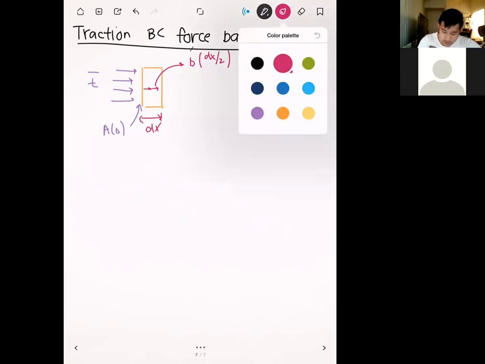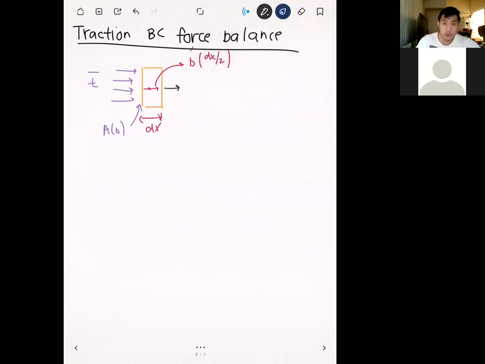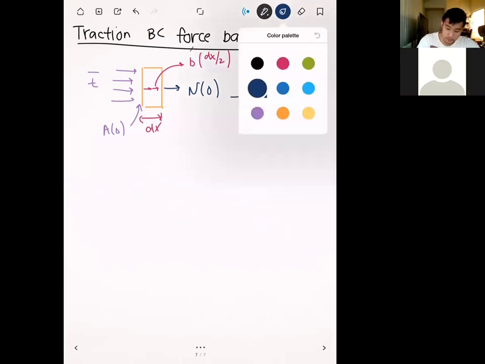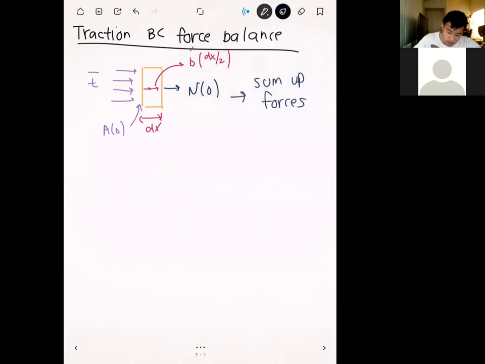And then opposing this traction on the interior of our domain is going to be a normal force. In particular, it's the internal normal force at x equal to 0. Just like we did before, let's sum up all the forces. To get a force from this traction, we multiply the traction by the area, so we have T bar times A of 0.